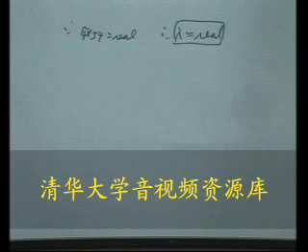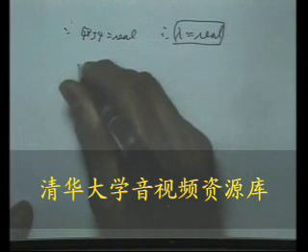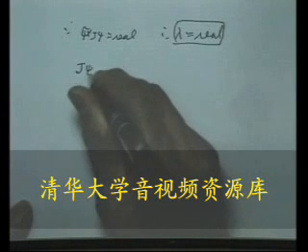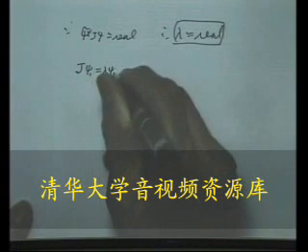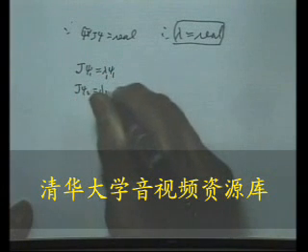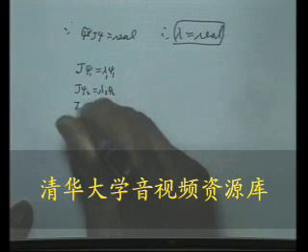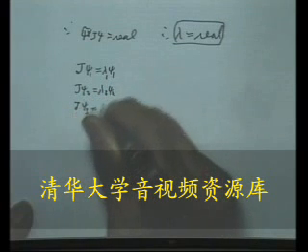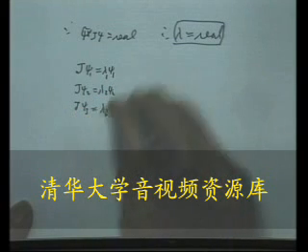So let us have 3 eigenvalues. I have J psi 1 equal to lambda 1 psi 1, J psi 2 equal to lambda 2 psi 2, J psi 3 equal to lambda 3 psi 3.